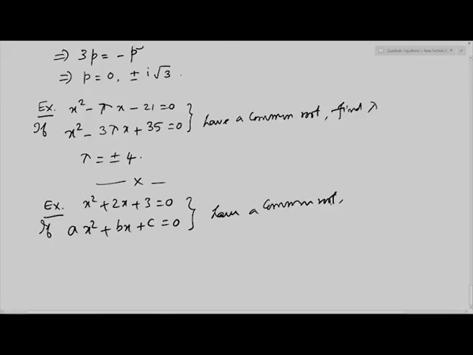Then in that case, what can we say about a, b, c? What is a is to b is to c? The first equation is explicit, while in the second equation the coefficients are unknown, ax square plus bx plus c equal to 0.